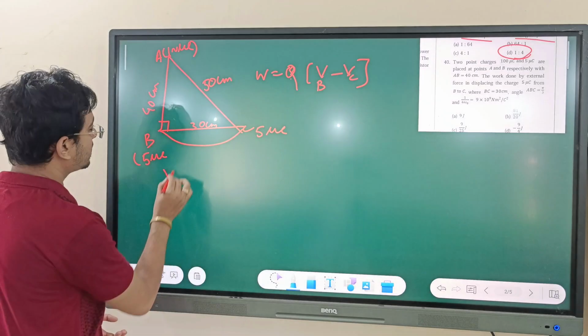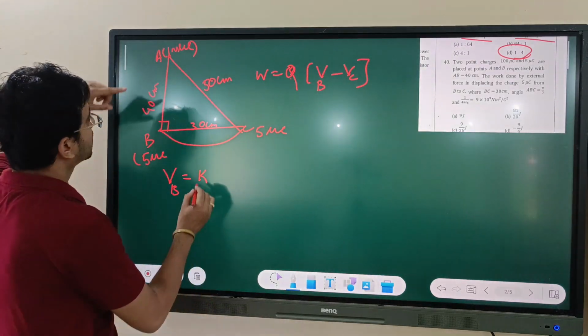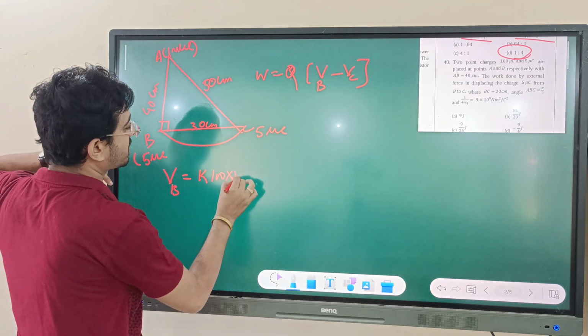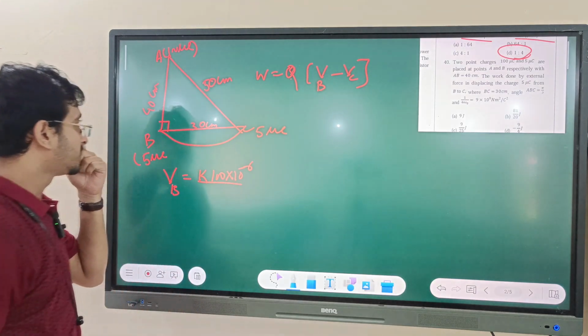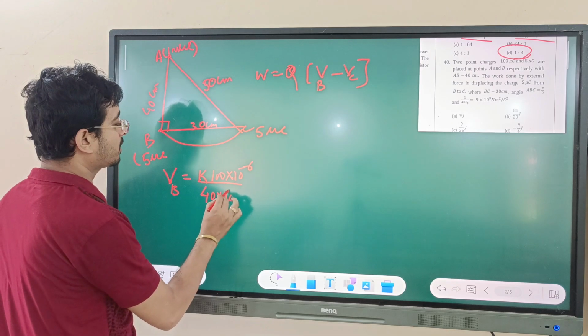Let me find the potential at point B, which is equal to KQ by distance. Charge is 100 microcoulomb, micro means 10 to the power minus 6, and distance is 40 centimeter, which is 40 into 10 to the power minus 2.